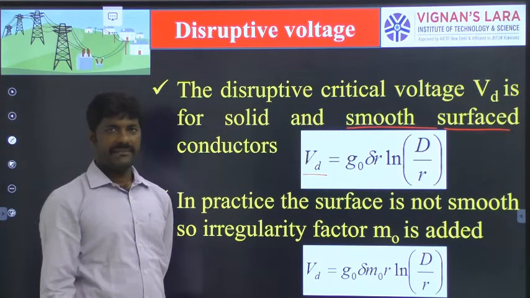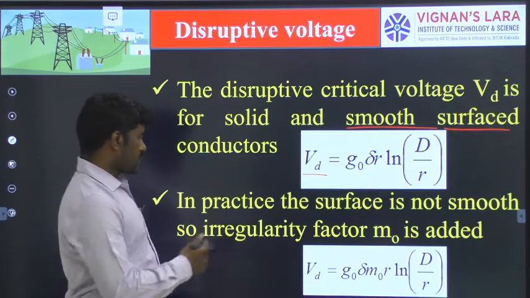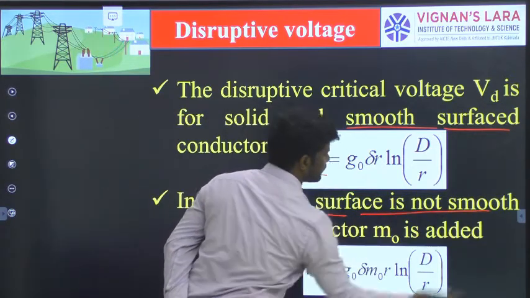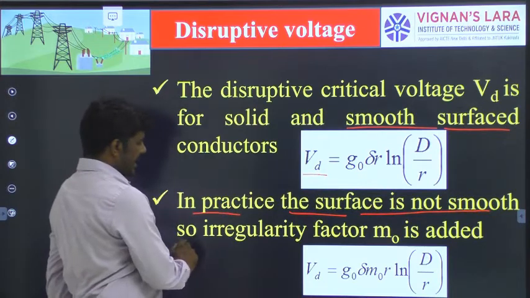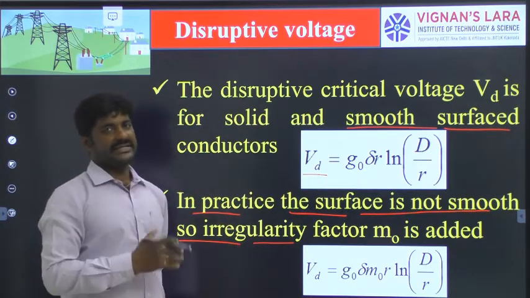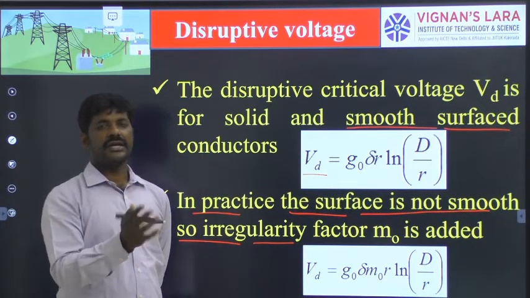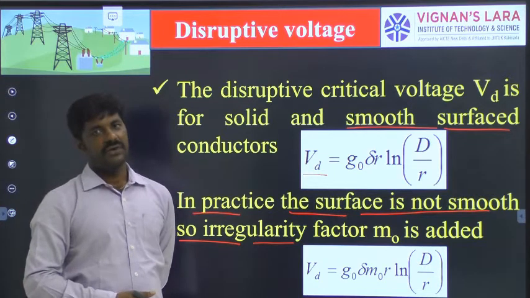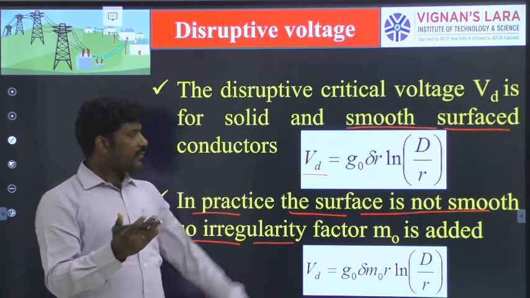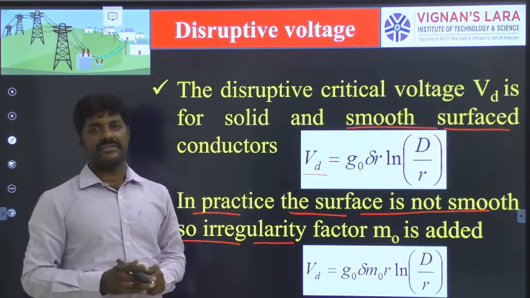But in real time, in practice, outside, you can observe that the surface is not smooth and is accumulated with dust and dirt particles, so an uneven surface is observed. For such an uneven surface, at less than the VD we have calculated, the air itself starts ionizing.